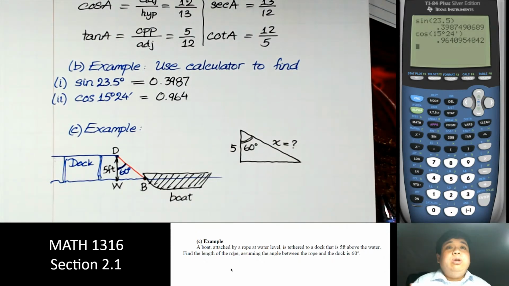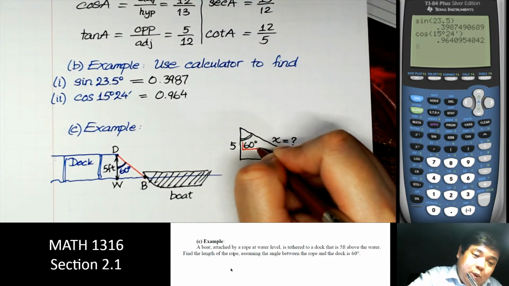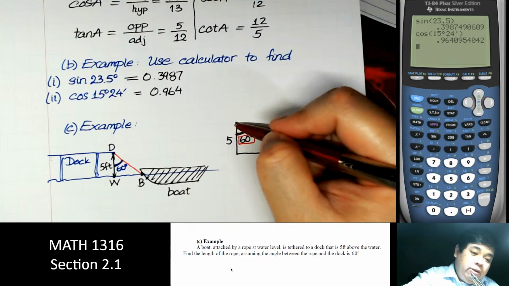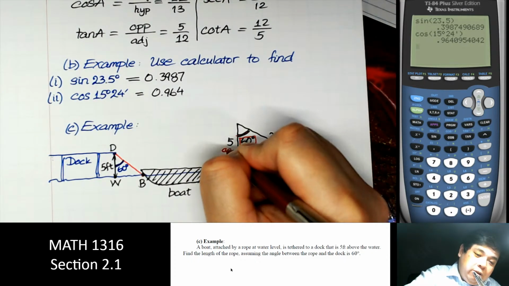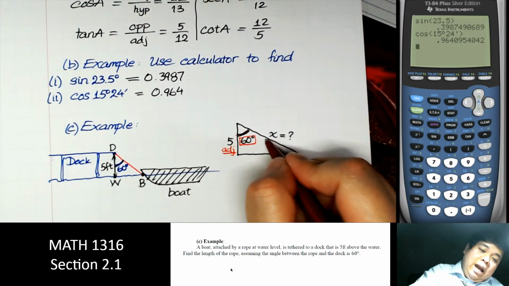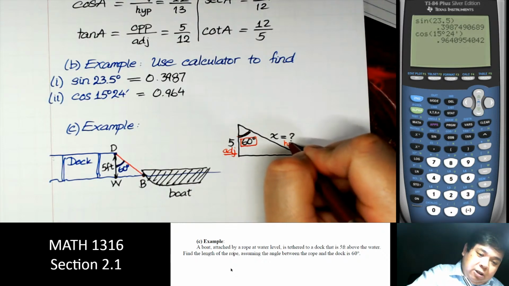Now, to do this is pretty simple. With respect to this 60 degree angle here, the 5 feet is adjacent to it, and the x is going to be the hypotenuse.